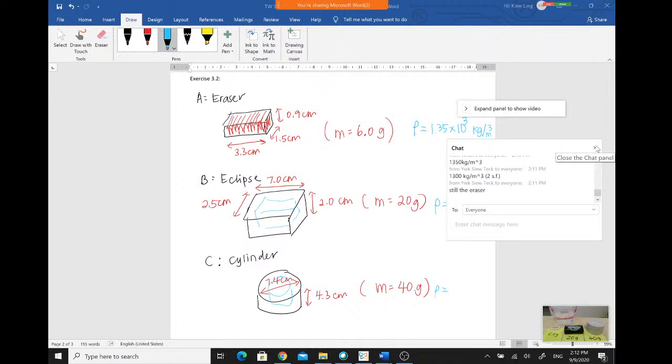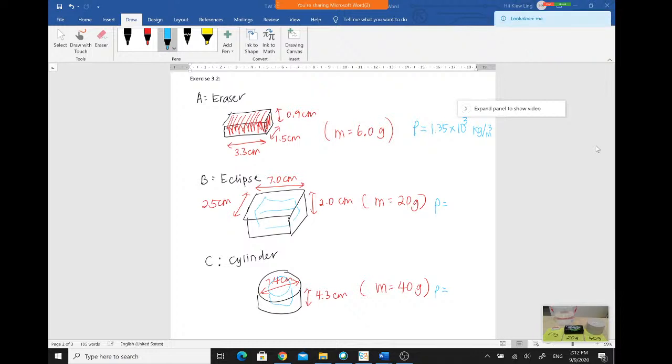How about eclipse? Do I have girls in the class here? Yeah. Okay. Help me to calculate the density for eclipse. Any girls help me?